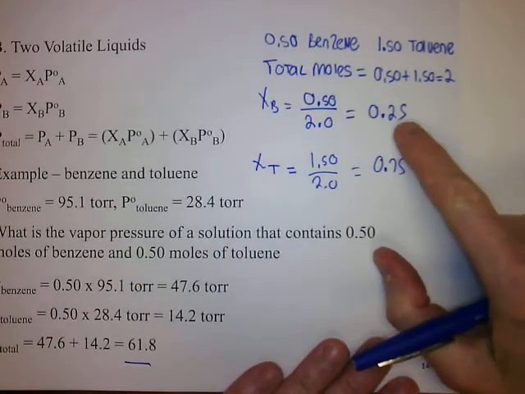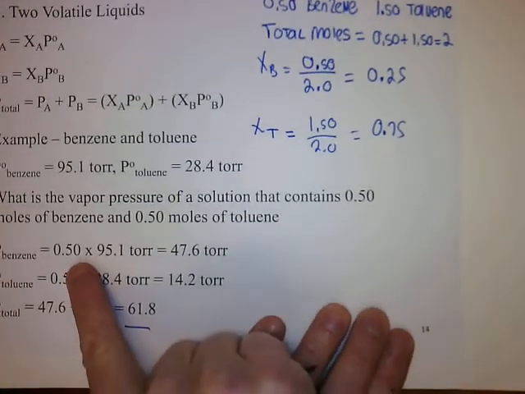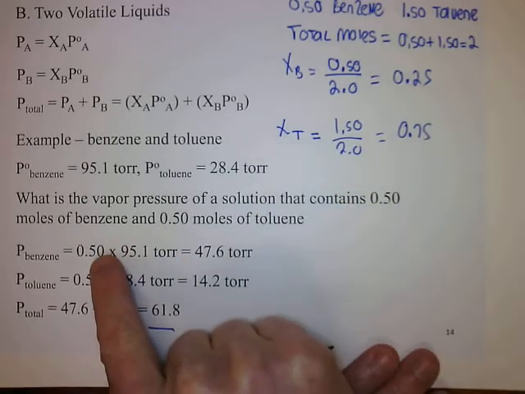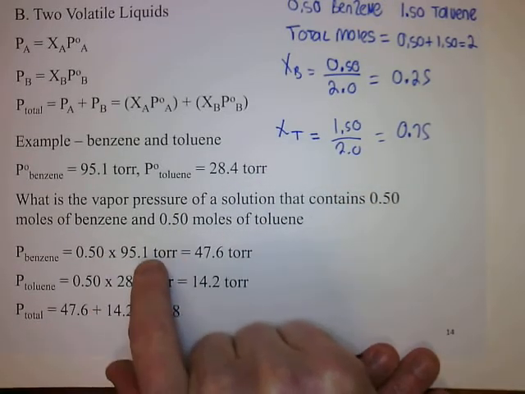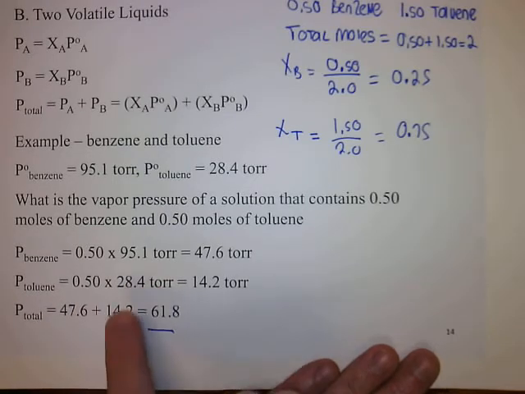These are the numbers that we would use down here in this calculation. So if we were going to recalculate this, we'd say 0.25 times 95.1 and 0.75 times 28.4.